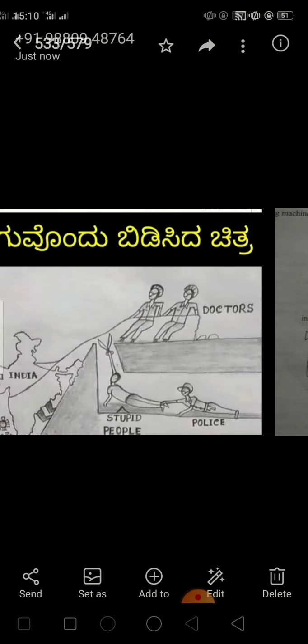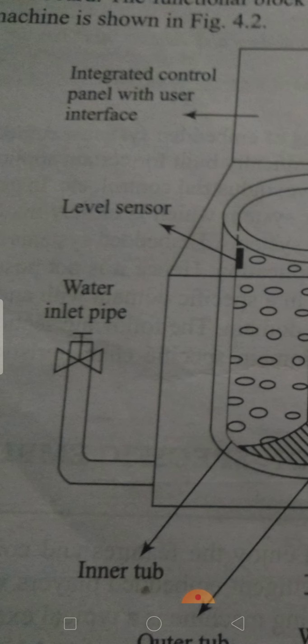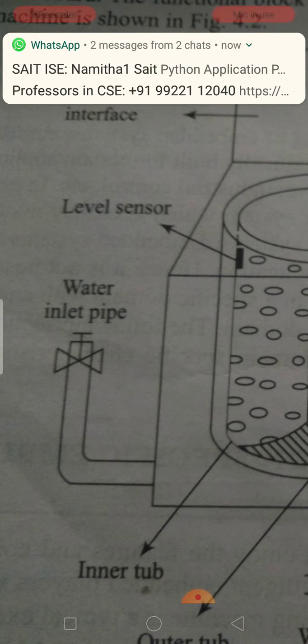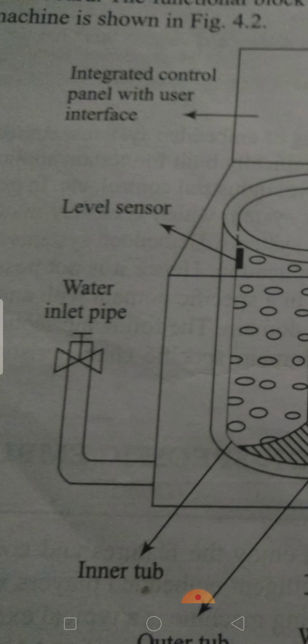Can you see the parts of the washing machine? You can see on the top the integral control panel with user interface, level sensor, water inlet pipe, outer tub and a water outlet, sensor, body case, picture not to scale, and the LED display on the right side.